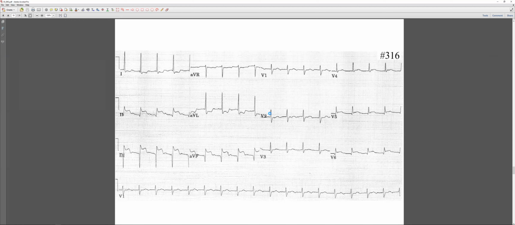Okay, only a left deviation, but if you compare, let's see, the RS in the AVF is more positive, I think. So you see, that's more positive than negative. So I would say that AVF is positive, so it's a completely normal axis. Okay. All right. Thank you.